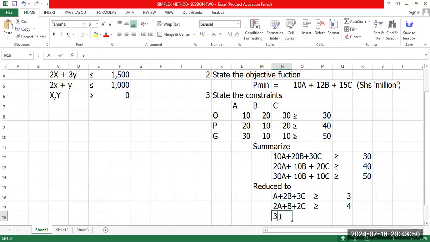Then here is 3A plus B plus C, which is also greater or equal to 5.